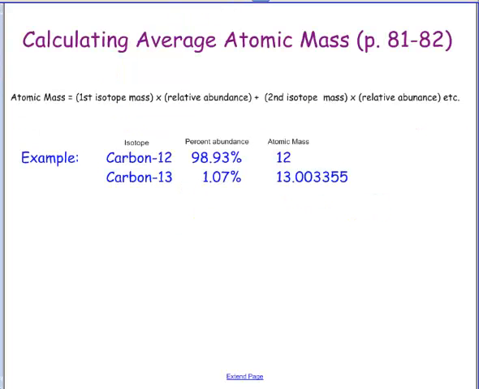Well, then we get into the question of, okay, if we know how to find the mass number, it's protons plus neutrons, where in the world does the atomic mass come from? Where does that number, that value that's on the periodic table that has a decimal, where did that come from? Well, to make a long story short, what happens is that every element comes with many different versions of itself out in nature. So if we were to take a sample of hydrogen, as you read in the book, hydrogen has 3 common forms in nature.